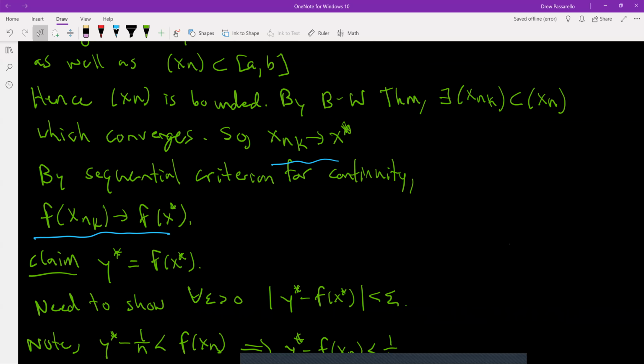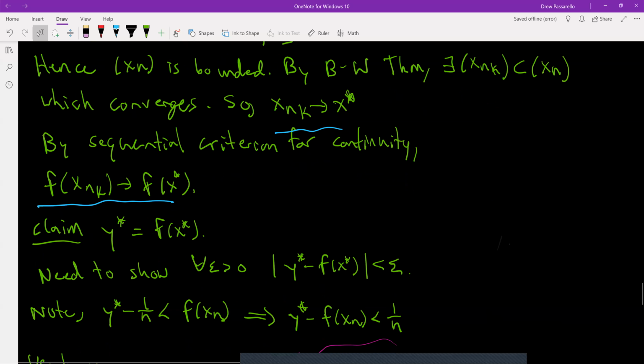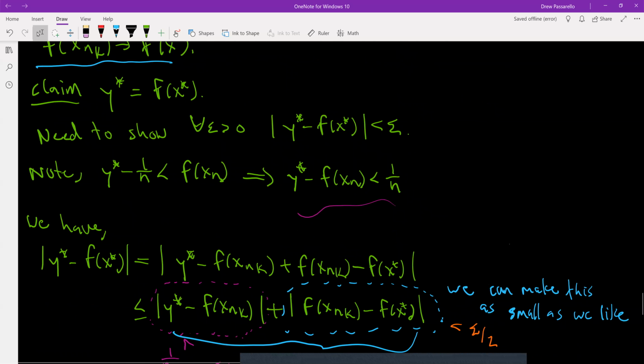And so the claim is y star equals this f of x star. And that's what we need to show for all epsilon: the absolute value of the difference between the two is less than epsilon. So since y star minus 1 over n is less than f of x_n, that implies y star minus f of x_n is less than 1 over n.